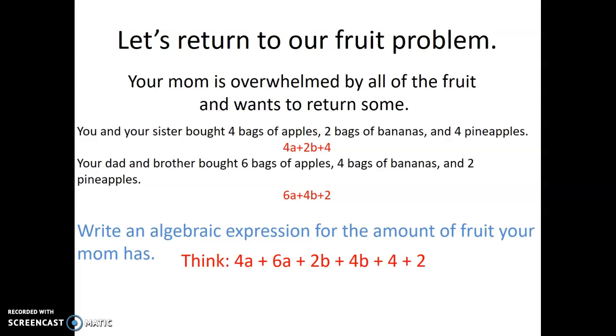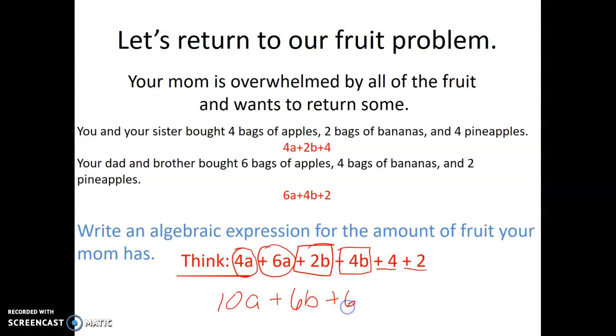Well, let's combine our like terms. 4a plus 6a equals 10a. 2b plus 4b equals 6b, and 4 plus 2 equals 6. So all together, your mom has 10 bags of apples, 6 bags of bananas, and 6 pineapples.